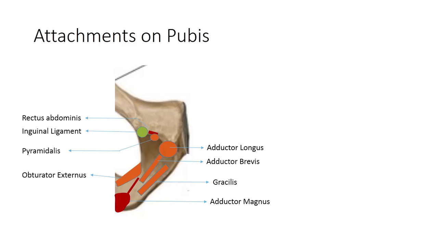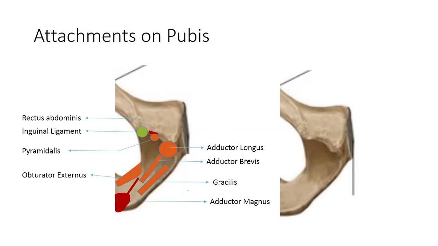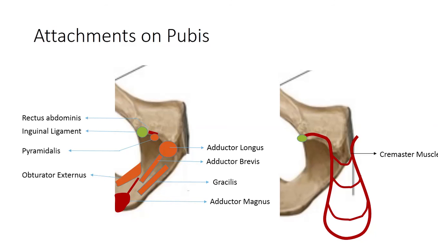We will see better in the next photograph. Apart from this attachment, there is another attachment on pubic tubercle. This is pubic tubercle, and then attachment is cremasteric muscle. So this is cremasteric muscle.